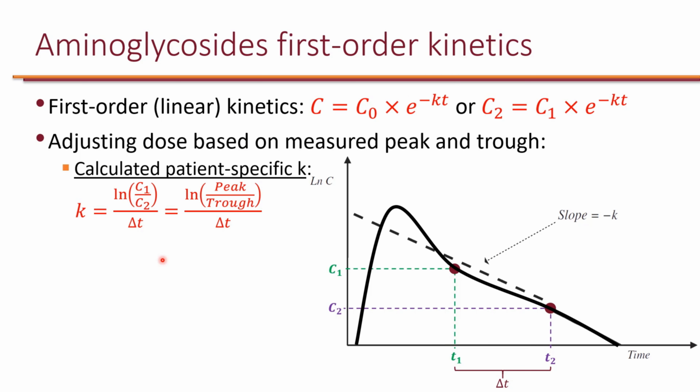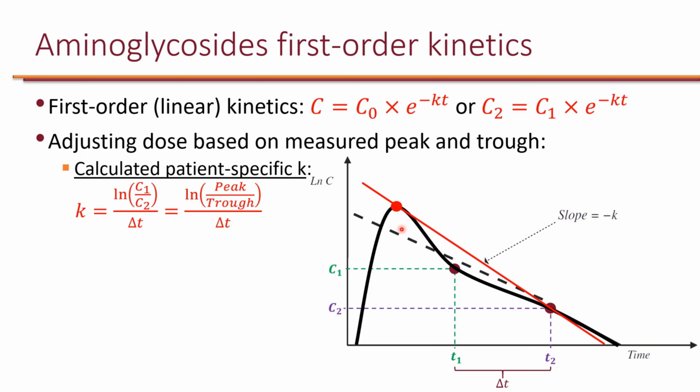Now keep in mind that the first level, C1, has to be at least 30 minutes after the end of infusion, because at the end of infusion you have your actual peak. But if you actually measure the peak at the end of your infusion, then you end up with the wrong slope. Because, for example, if you use this as your peak and then with the C2 concentration you calculate the slope, you can see that the slope is very different.